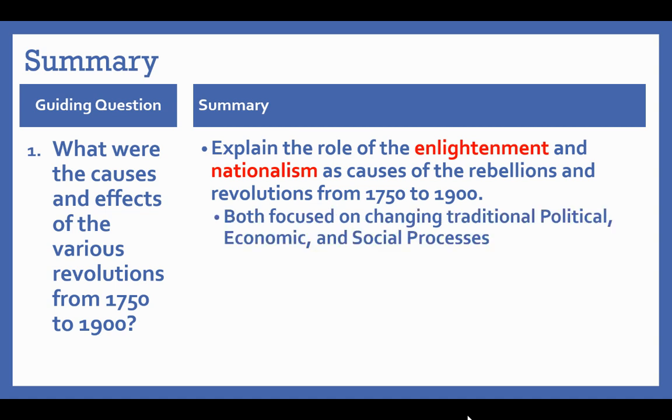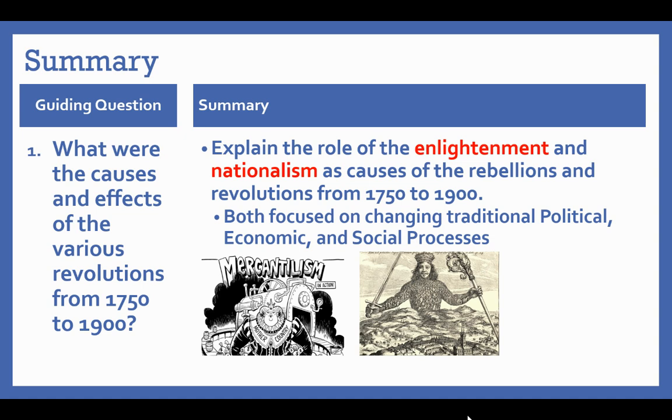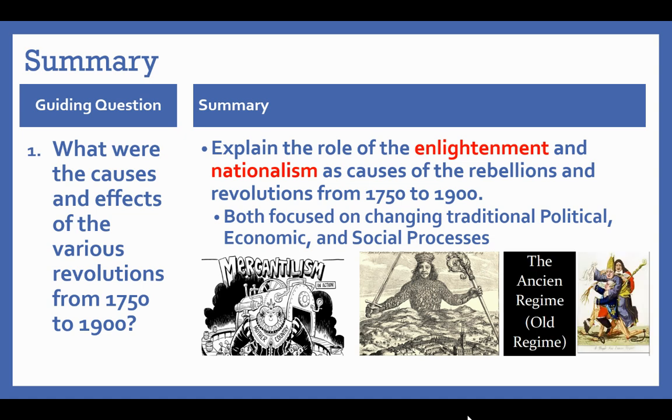So both of these focused on changing traditional political, economic, and social processes, being mercantilism, the ancien regime, and absolutism.